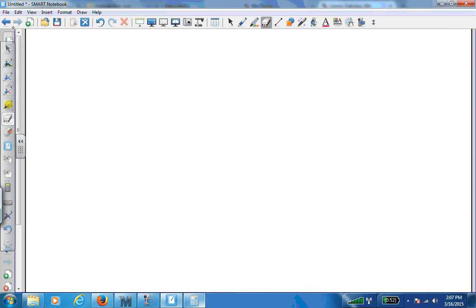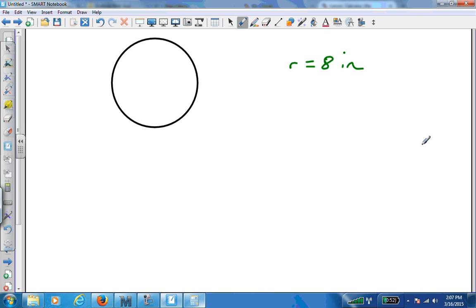So let's look at a problem out of the book. Let's look at number 30. It tells us that the radius of a spherical balloon is measured to be 8 inches with a possible error of 0.02 inches.